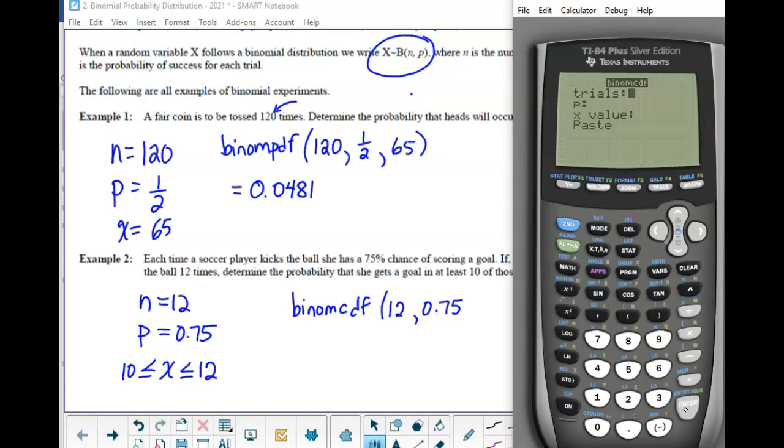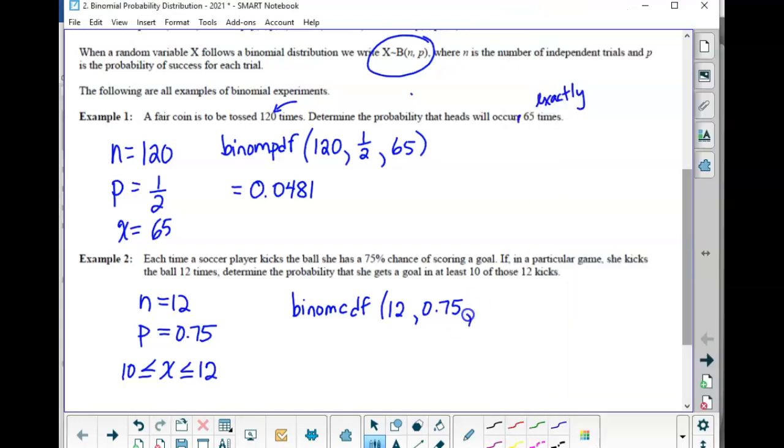Yeah, okay. So what we have to do here, you can do it by upper and lower. In this case, the total probability of a distribution is 1. We want everything between 10 and 12. When you do CDF, it goes up to the value that you enter here for x.